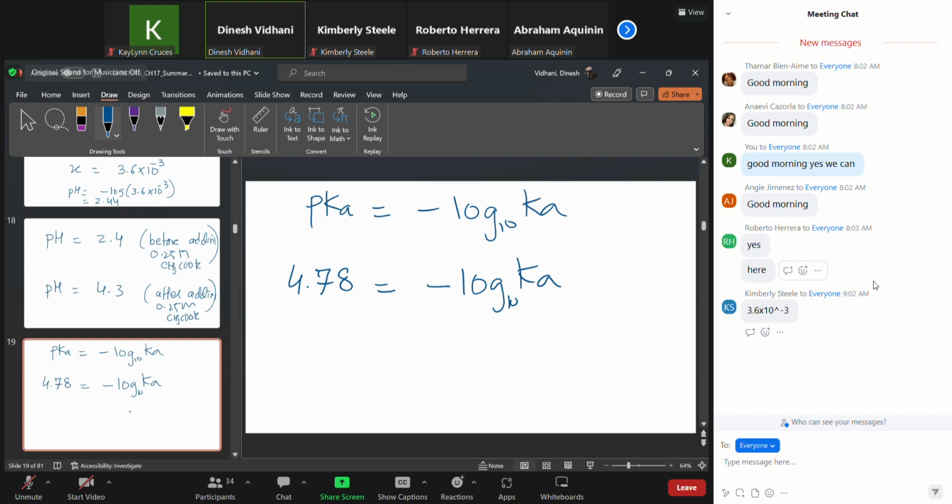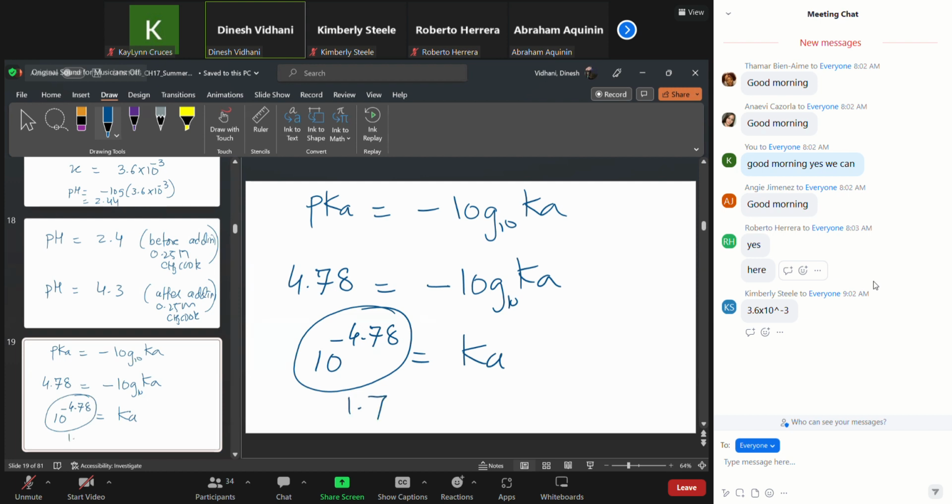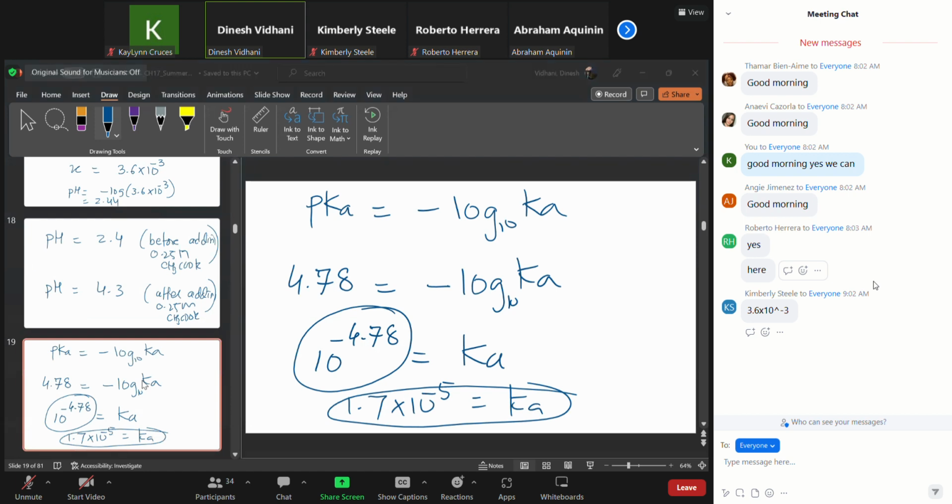So just like what I did with the pH and hydronium ion, I can say 10 to the power negative 4.78 equals Ka. If you solve this one, you're going to get the answer 1.7 × 10^-5. That's going to be equal to Ka. Thanks, I needed that too.